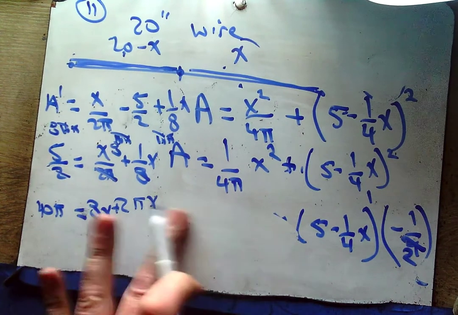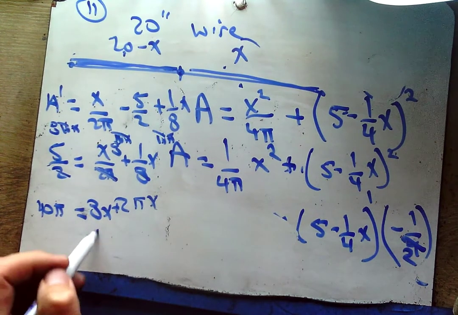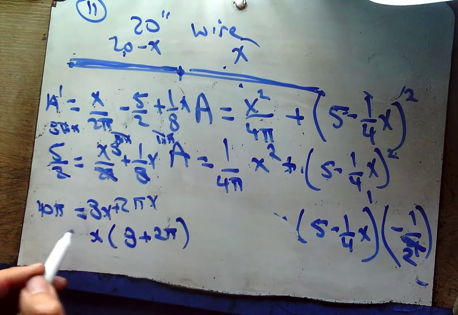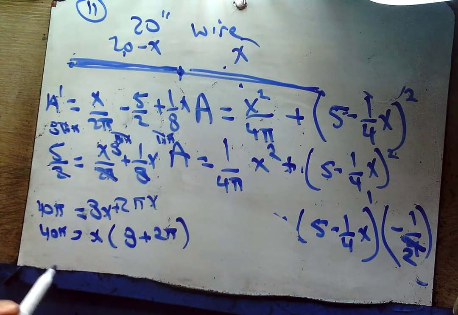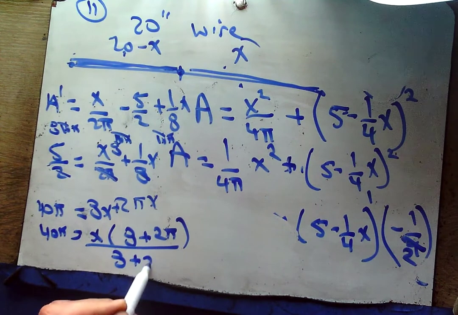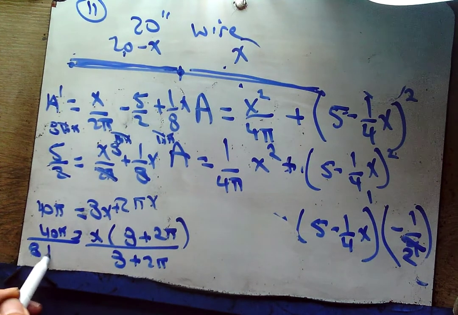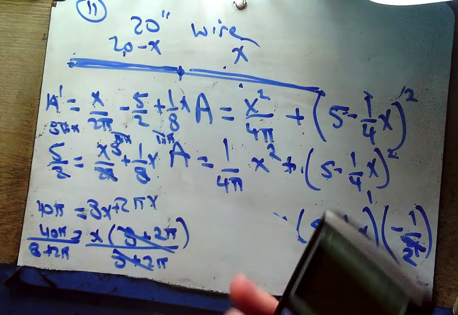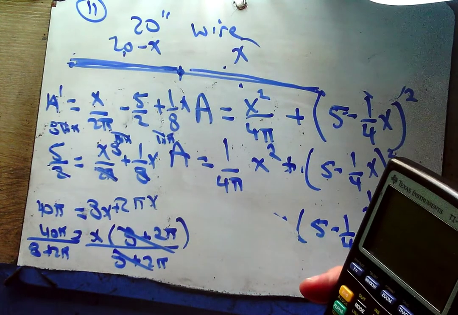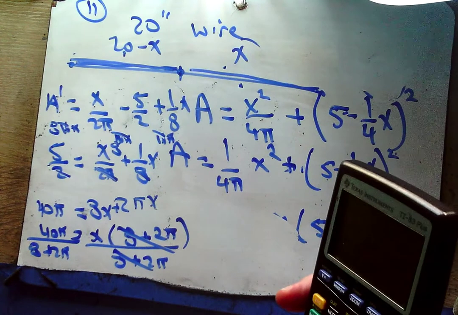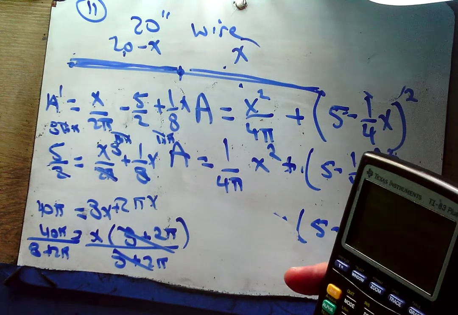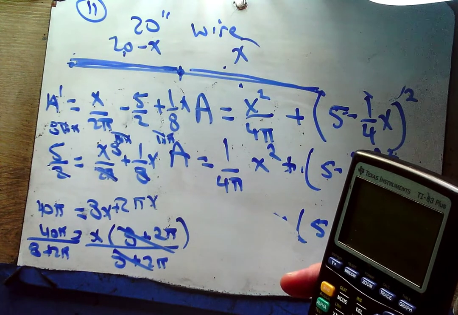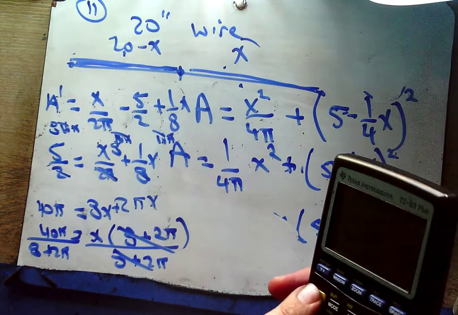Okay, that's good. And then I'm going to factor out an x and have x times (8 plus 2 pi) equals 40 pi. And if I divide both sides by 8 plus 2 pi, I get my x value. Ooh, what's that equal to? Okay, so 40 pi divided by (8 plus 2 pi).